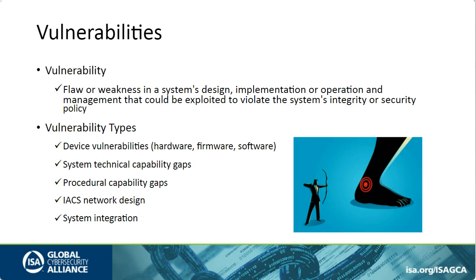You may have procedural capability gaps that can be exploited. The IACS network design itself may have vulnerabilities, and when you integrate multiple systems into one big whole via networks, that can introduce even additional vulnerabilities.